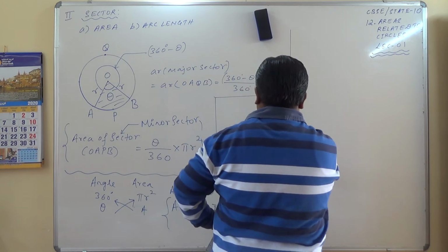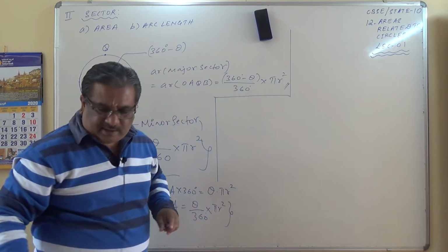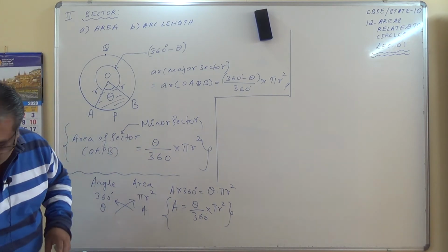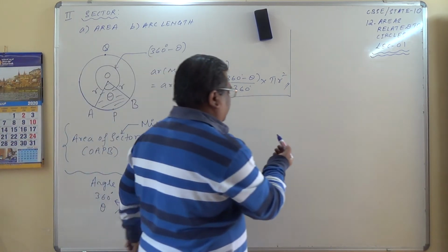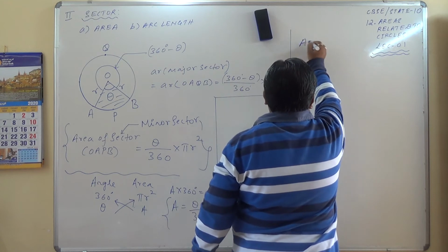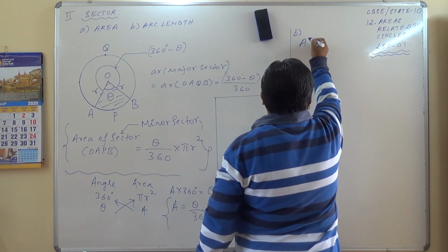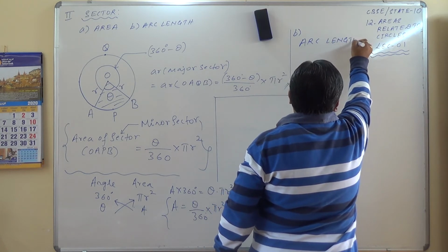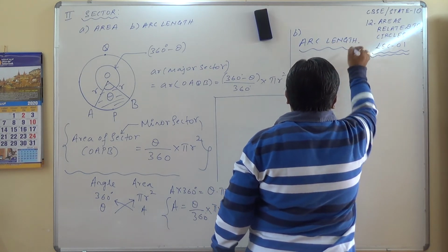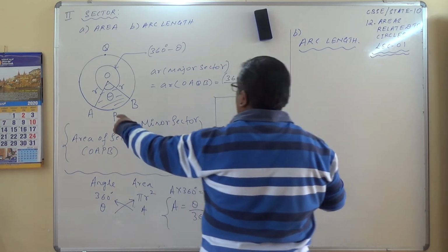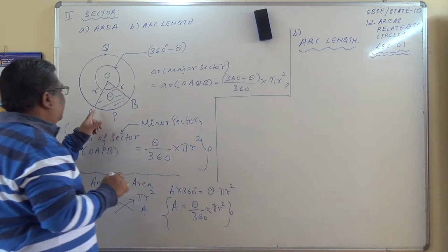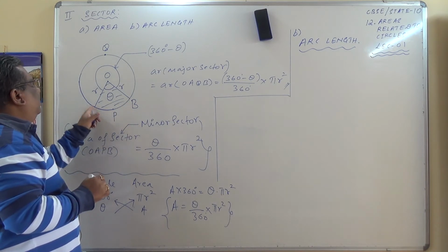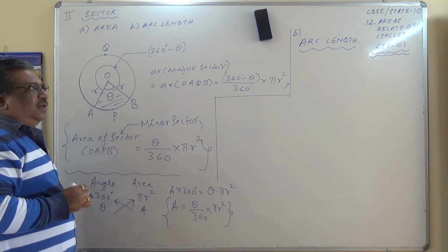Okay, let's find out the arc length here now. This is B. Which is the minor arc length here? Arc length APB is the minor arc and arc length AQB is the major arc.